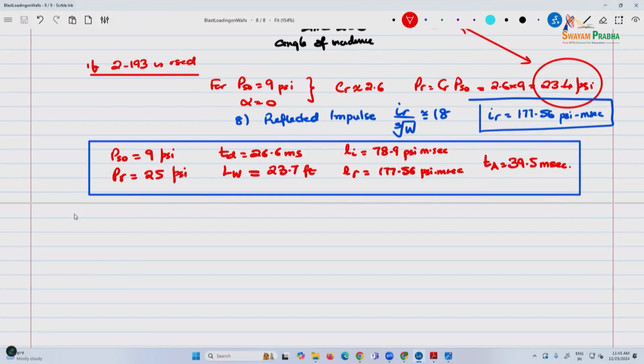So the next step, which is 3, is front wall positive phase pressures. When I'm in class, the biggest corrections I get, it's step 3, not step 4. I've written step 4.